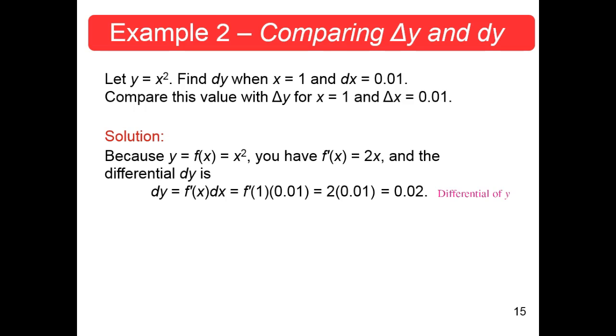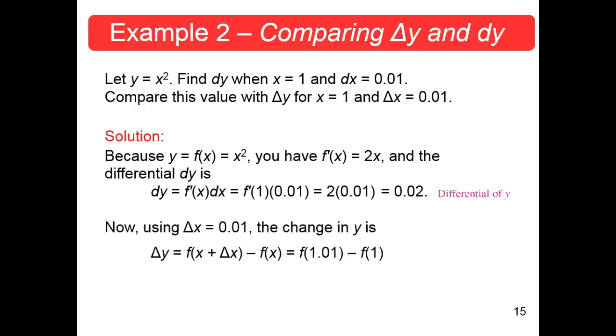Okay? Now, using delta x equal 0.01, the change of y would be f of x plus delta x minus f of x. Yeah, that was your numerator on your derivative, remember? Okay? That's f of 1.01 minus f of 1.